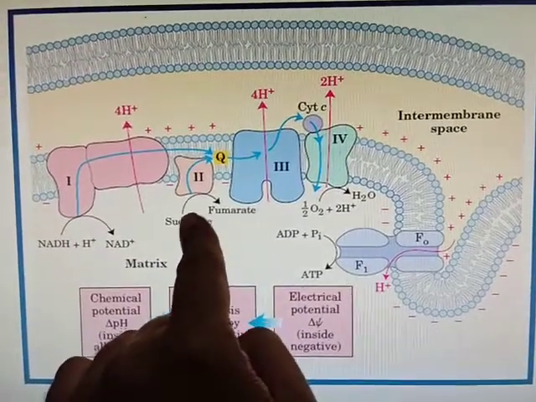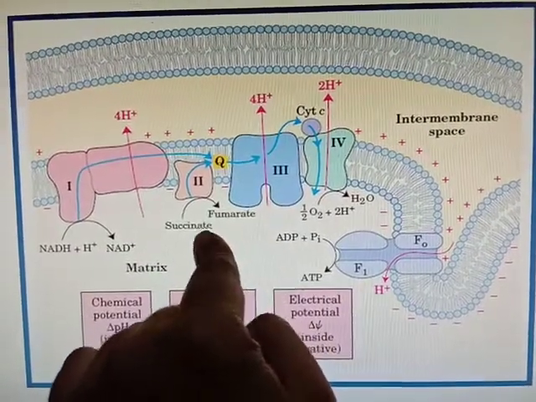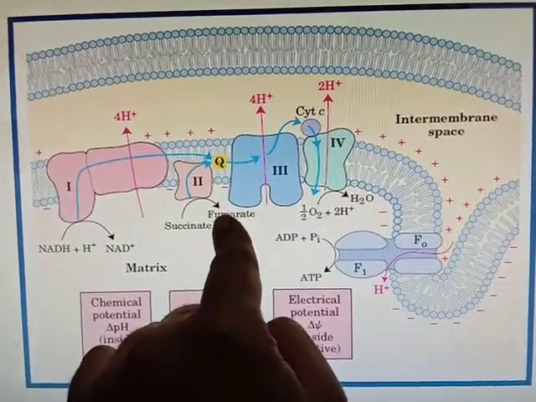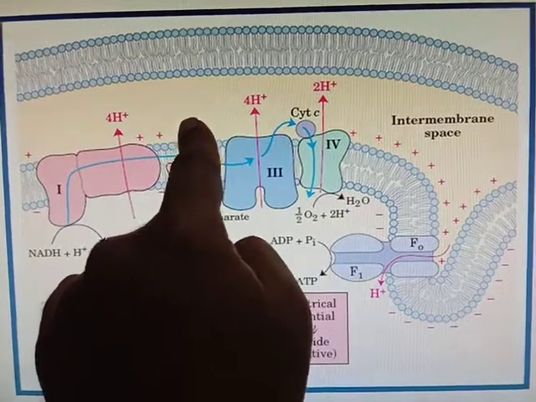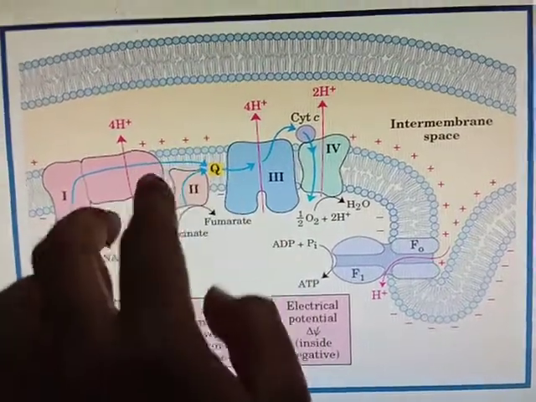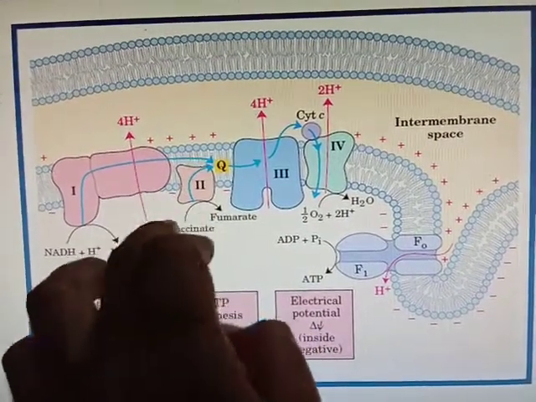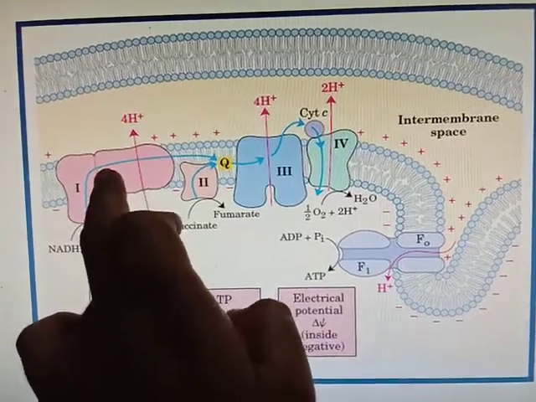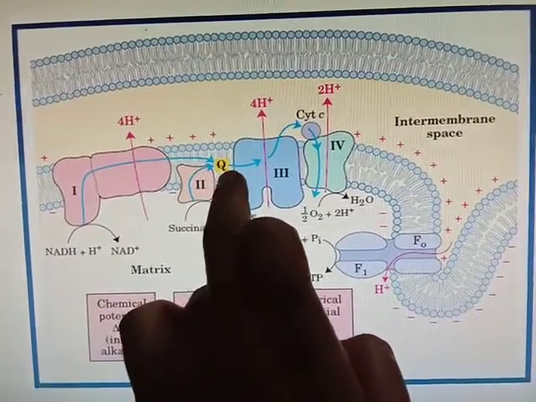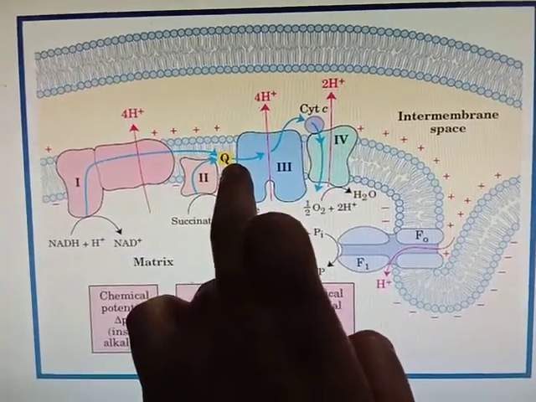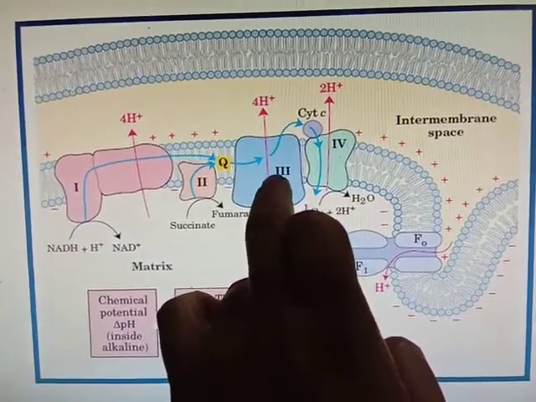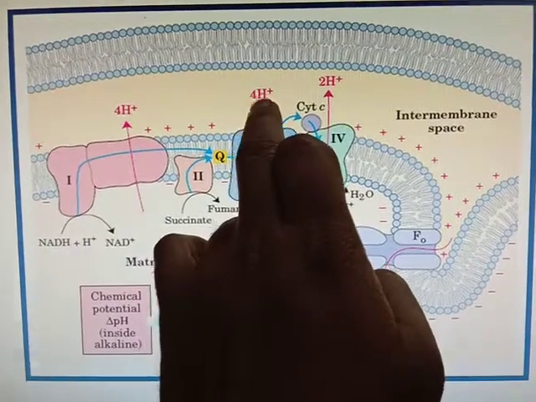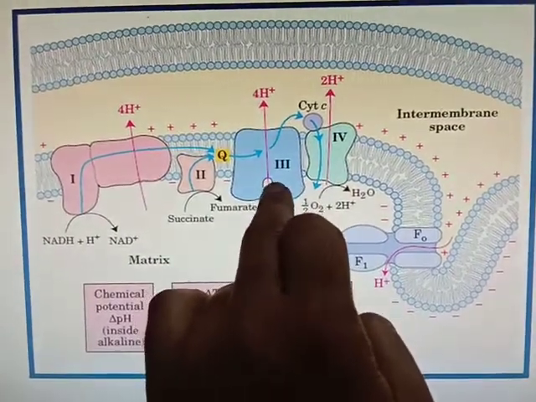Similarly, during succinate to fumarate, FAD accepts the hydrogen, but there is no pumping of protons into the intermembrane space. Then the hydrogen from complex 1 and complex 2 is transferred to ubiquinone Q, then to cytochrome C. During that, 4 protons again move into the intermembrane space in the third complex.